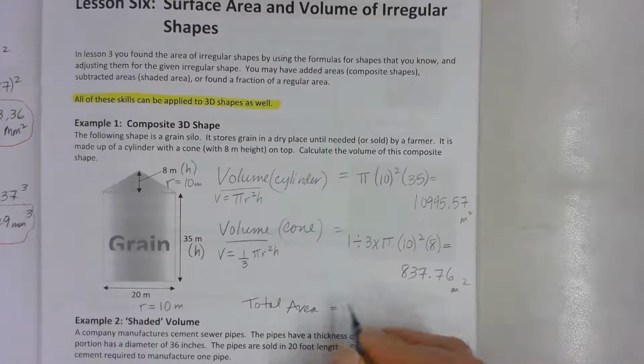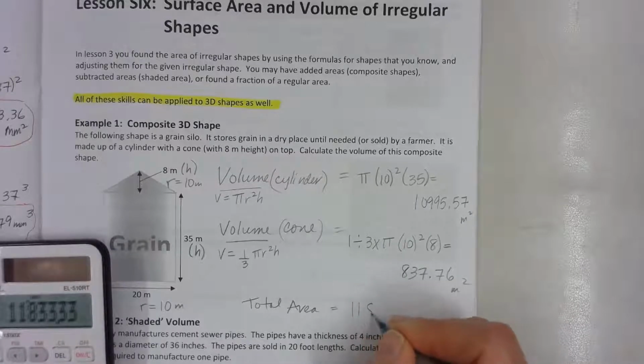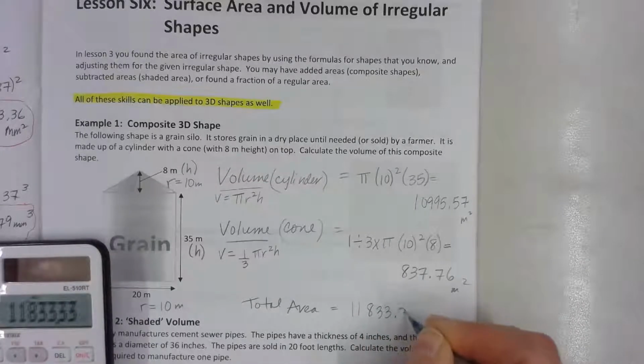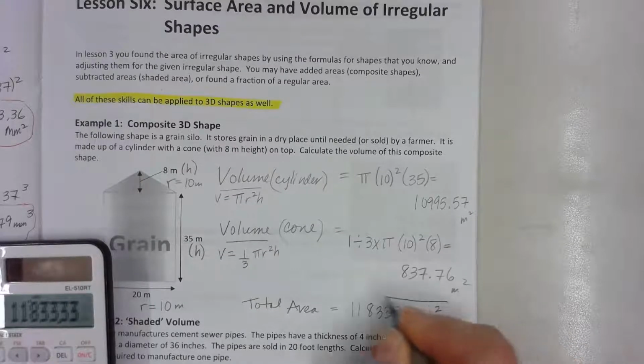Okay, add that and that. And I'm going to get 10995.57 and 837.76. And don't forget your units. It would be meters squared.